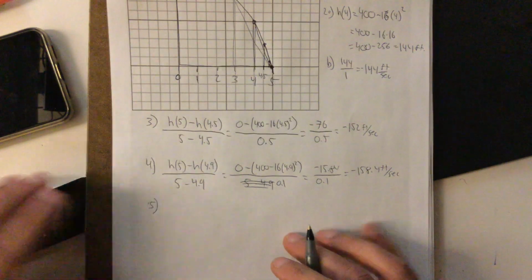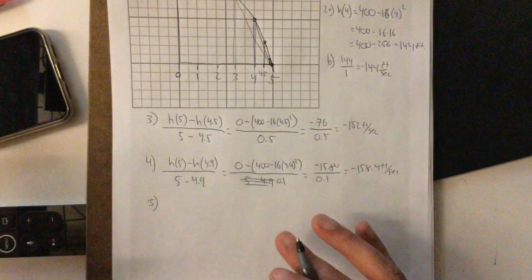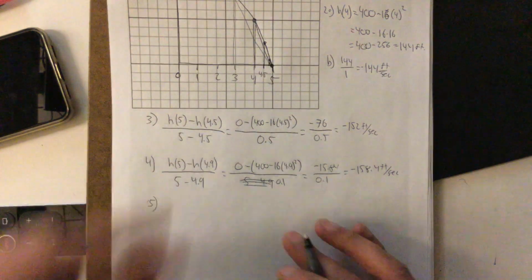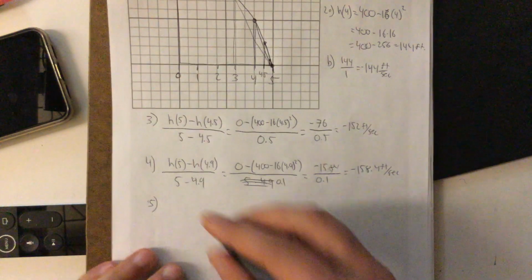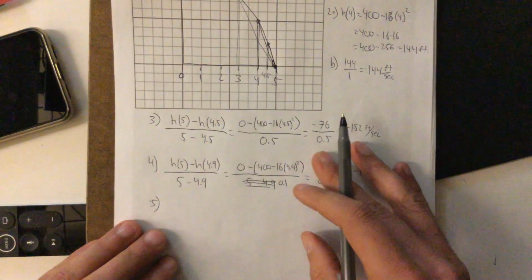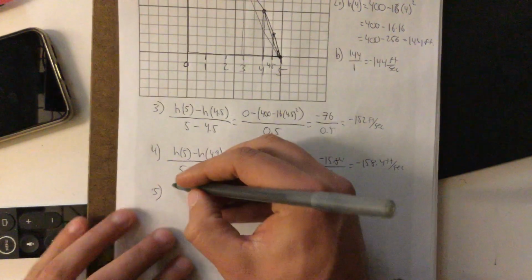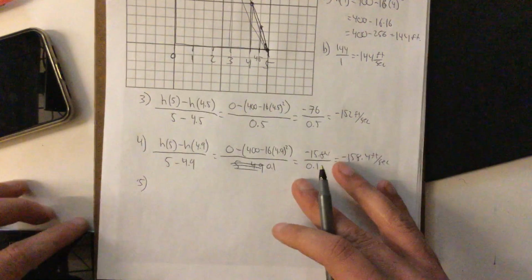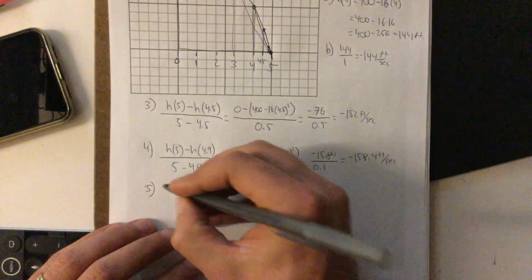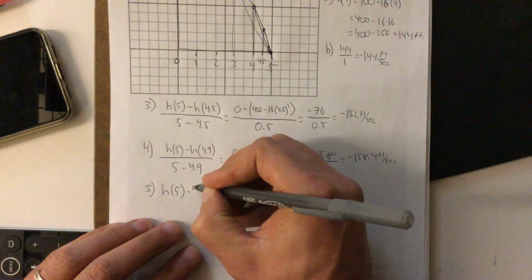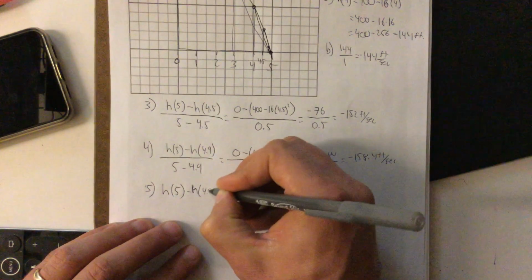To estimate it at the exact moment it hits the ground, we know when it is actually on the ground, its speed drops to 0, but we want to know the tiniest bit beforehand. So we're going to use a smaller interval than 0.1, and our interval is going to be 0.01. And theoretically, you can just keep going smaller and smaller, which is actually what calculus ends up doing. You get to infinitesimally small numbers, but we're not doing that.